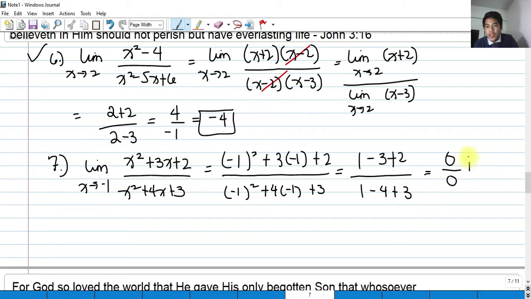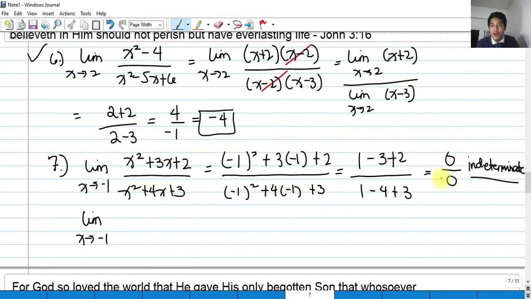We cannot allow this to happen, so that is not the answer. We have a denominator that is equal to 0. If the numerator is the only one that is 0, then it's fine. So it's indeterminate. What we should do is factor or simplify this, just like what we did here.